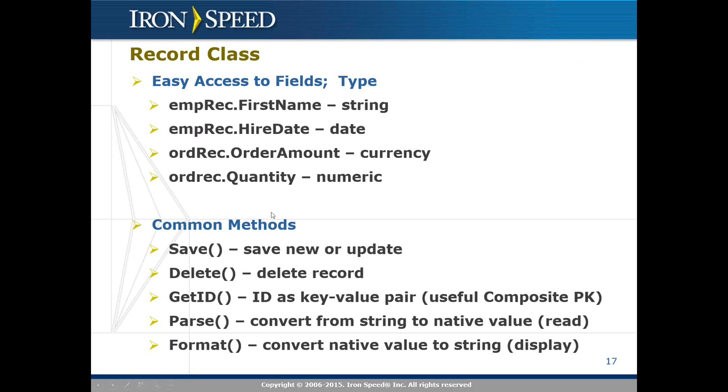Okay. Common methods that IronSpeed generates for us, again, based upon what it's learned when it does the scan of the database itself through the schema sync. Save function, delete function, the get ID function, so it goes out and as a key value pair, it goes out and gets the primary key, whether it's a single integer primary key or a composite key. I work very hard at trying to always use a single integer primary key.